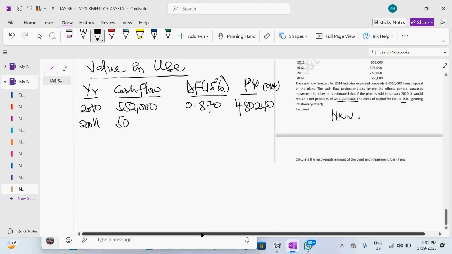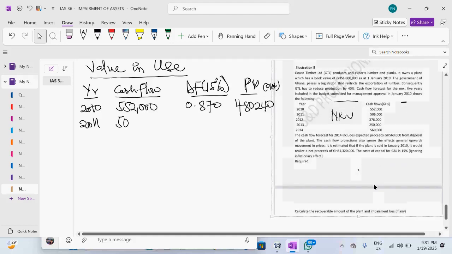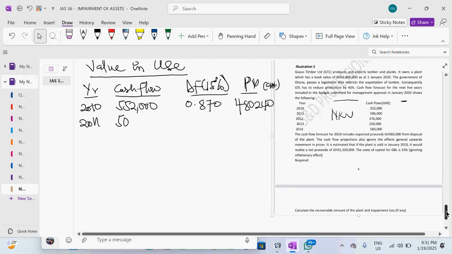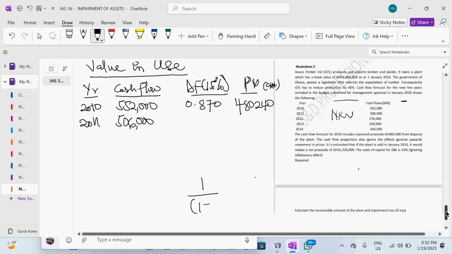Okay. So now, what's the cash flow for 2011? It is 506,000. What is the discount factor for year 2011? 0.756.